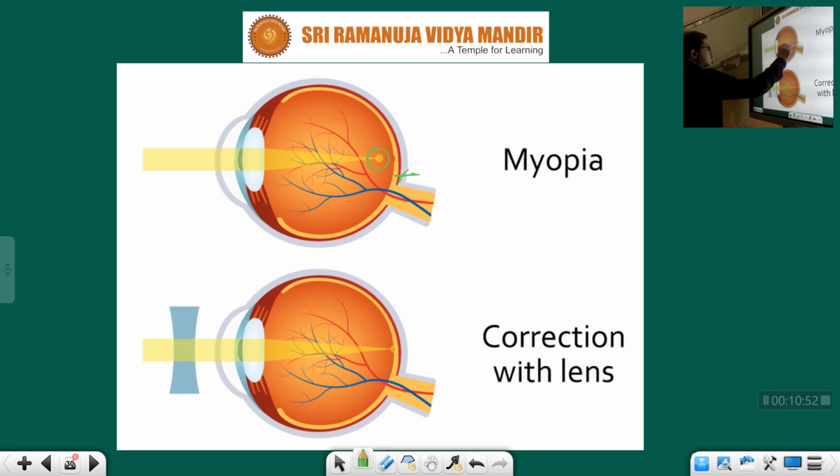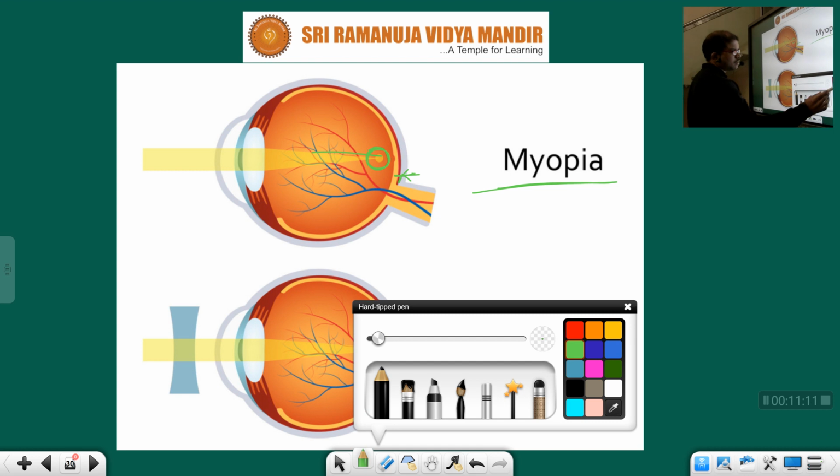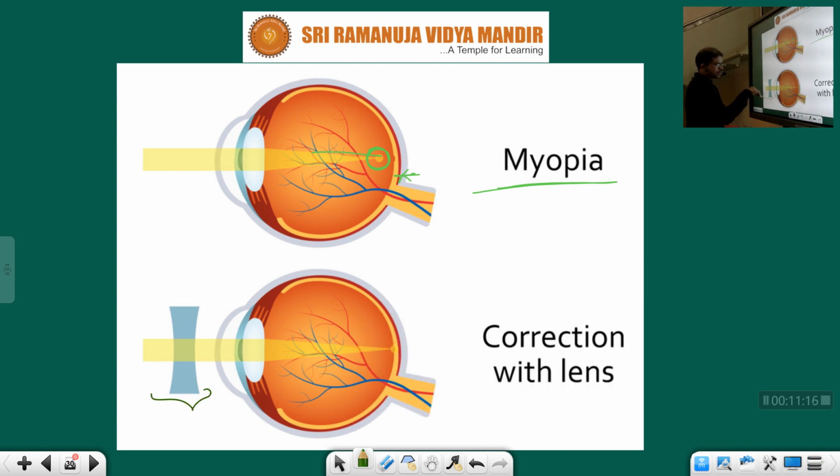Here it should fall, but here it falls. See, children, they are intersecting at this point before the retina. In this first picture, this is the eye which was affected by myopia, and that image is formed in front of the retina. And observe, children, here we placed a concave lens in front of that eye.